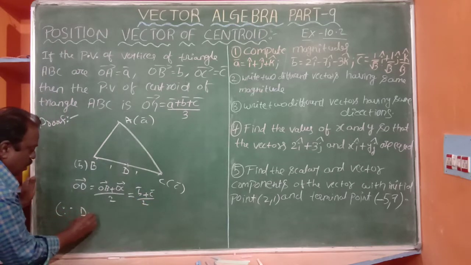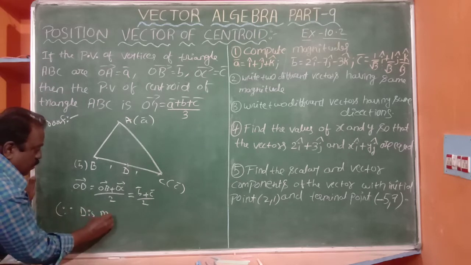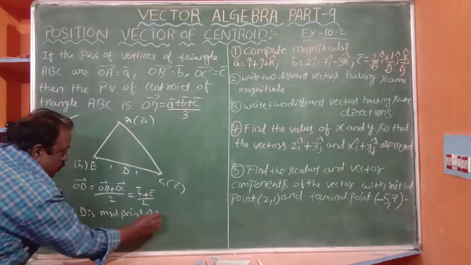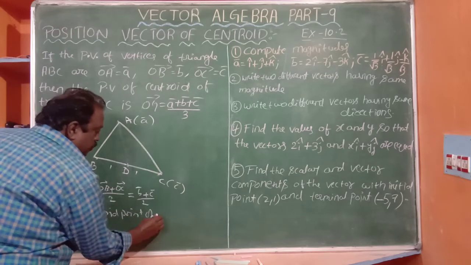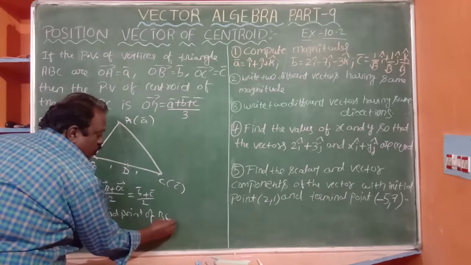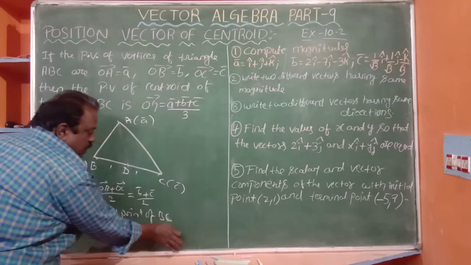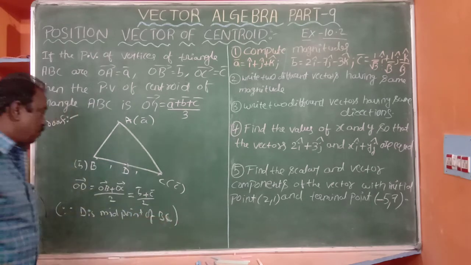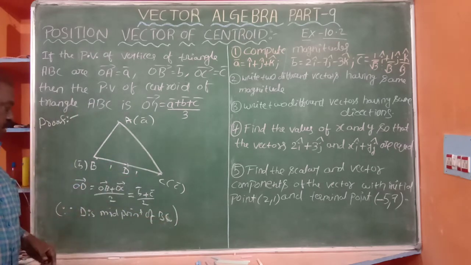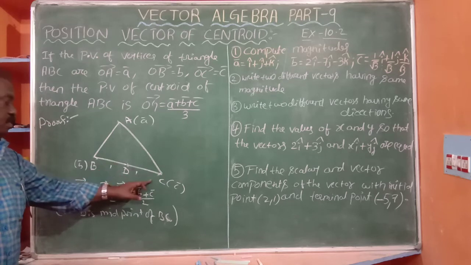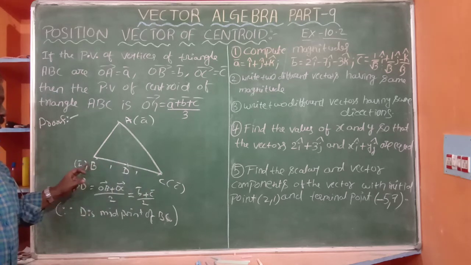Since D is the midpoint of BC, for the BC side of the triangle ABC, by using the section rule we can write mx2 plus nx1, m into OC bar plus 1 into OB bar by 2.